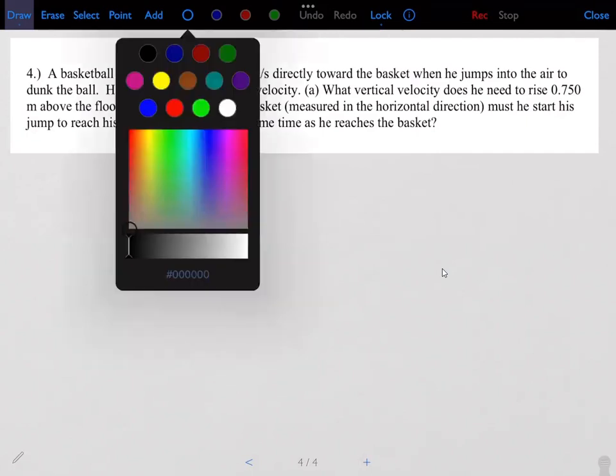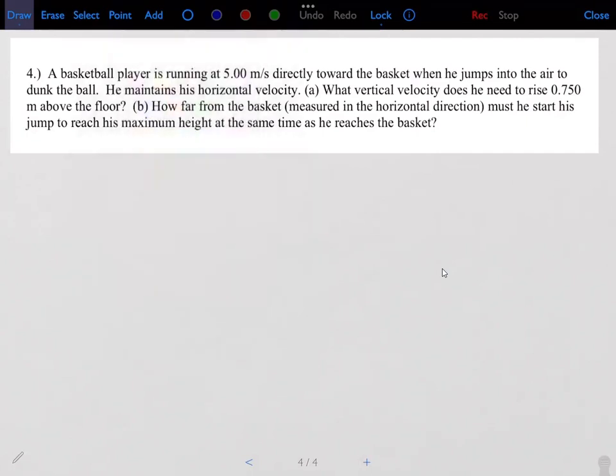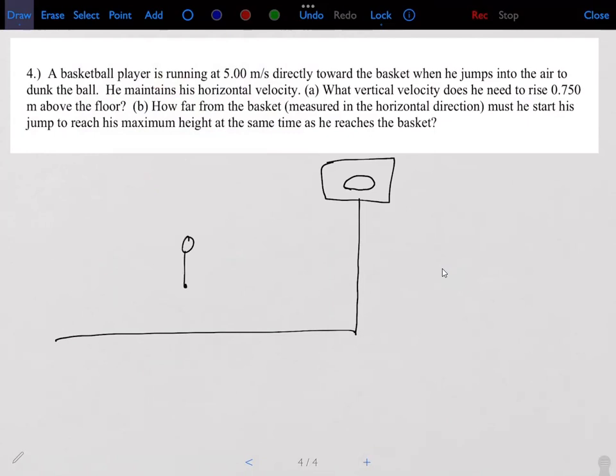I'm going to draw a picture. Here is the floor, right? Here is the basket. So something like that. And then this person, let's say this is the center of mass.